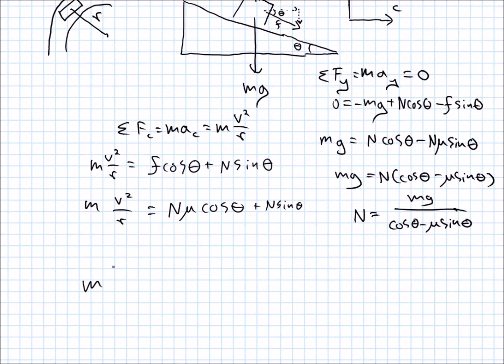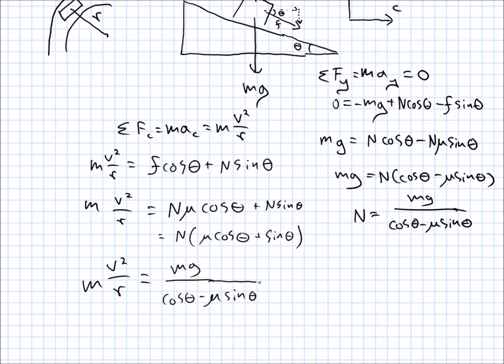So I get mv squared over r is equal to n, and n is mg over cosine of theta minus mu sine theta. So that's n times mu cosine of theta plus sine theta.